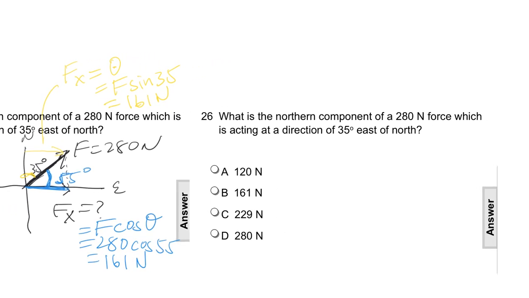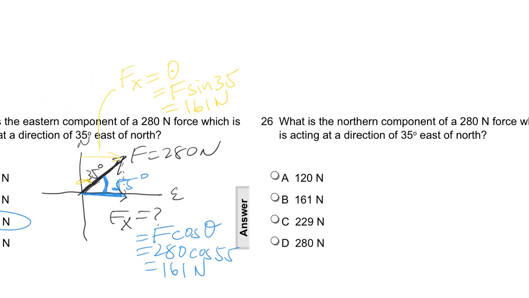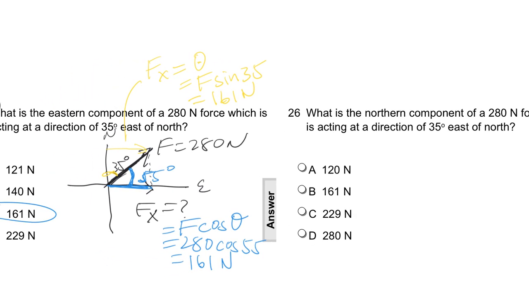Okay, what is the northern component of the force? Basically you're looking for the Fy in the same picture that we just did. So Fy, with the blue, the 55 degree angle would be the opposite side. So that'd be F times sine of theta.